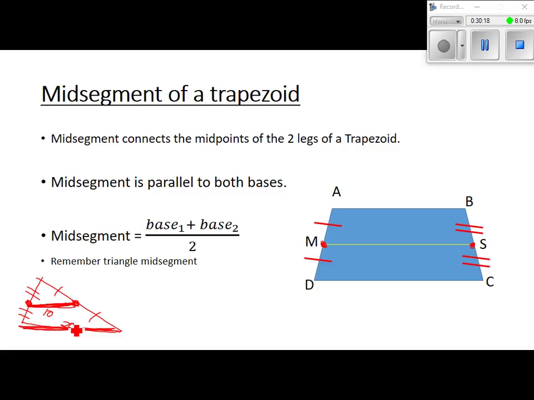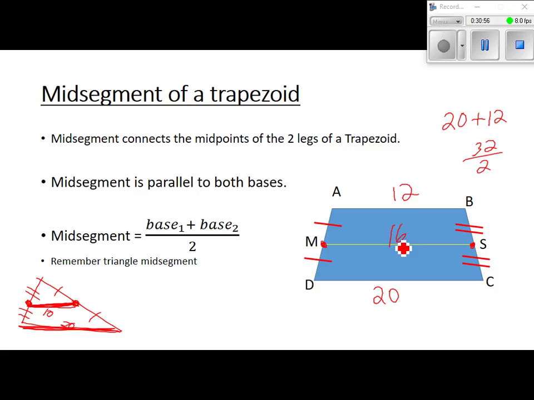So if I told you this side up here was 12, and this side down here was 20, let's say, how could we find the length of the mid-segment MS there? 20 plus 12, that's 32. Divide by 2, so that's got to be 16. You add these two, divide by 2. Handle that, Jeremiah? That's pretty easy, right?